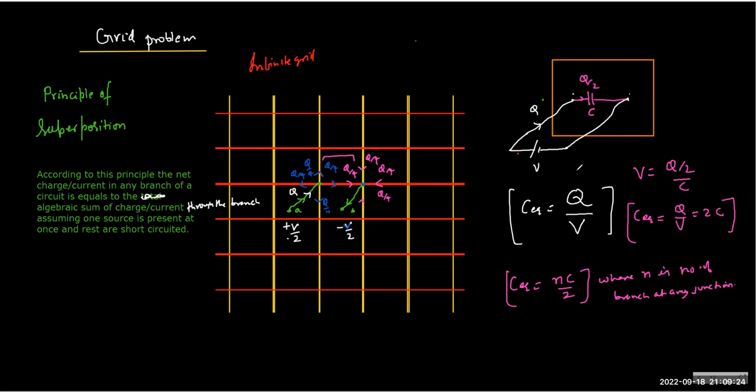If I draw, let's say, just a moment. Imagine if I have the graphite shaped circuit. You know graphite? Have you heard of graphite? Hexagon.